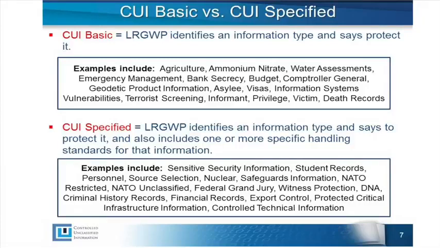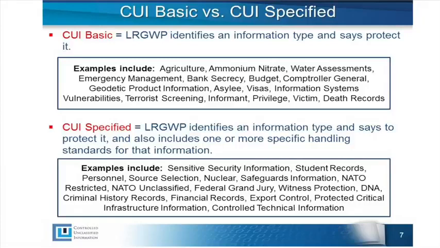CUI Specified refers to any category or subcategory of CUI where the underlying law, regulation, or government-wide policy not only identified what to protect, but also specified some other handling required with that CUI. This can mean that it has dissemination controls, that only certain parties may receive that CUI. For instance, in some cases, CUI may not be reached by any foreign nationals.